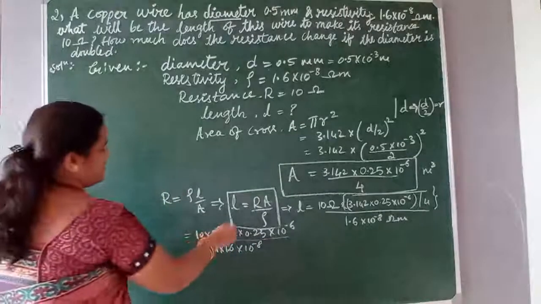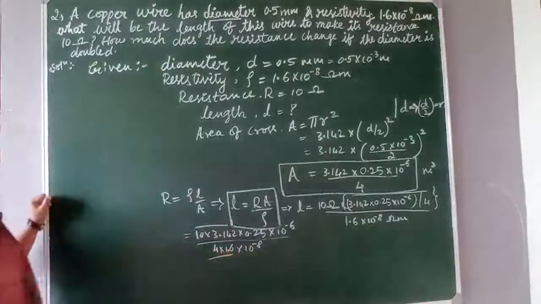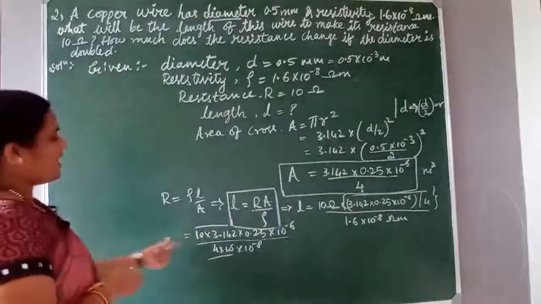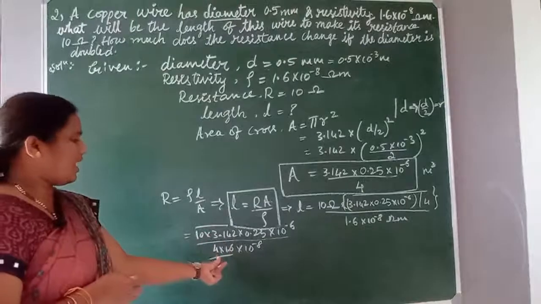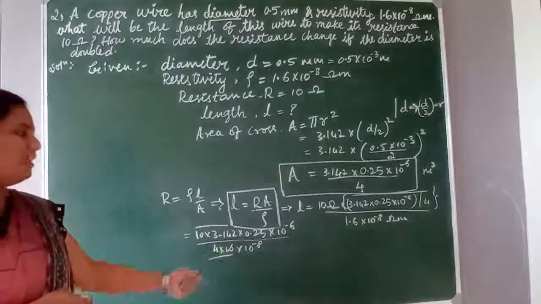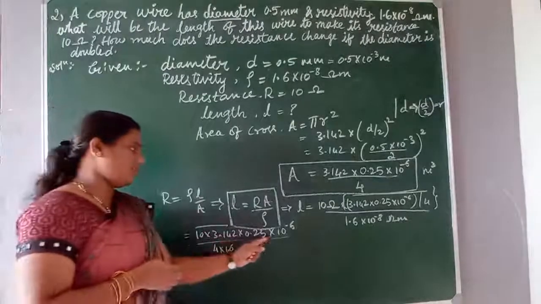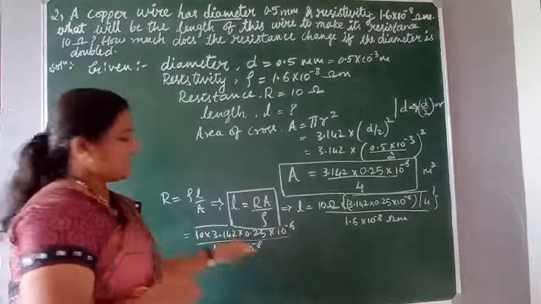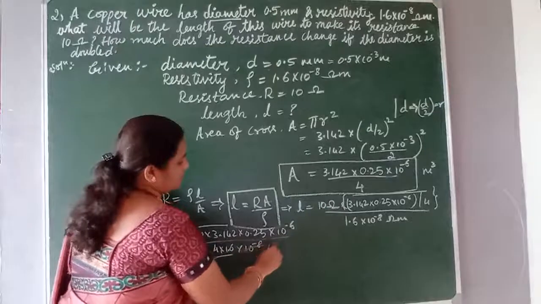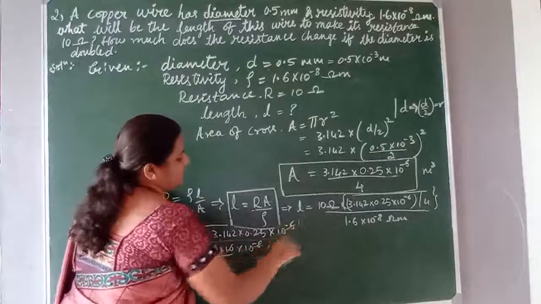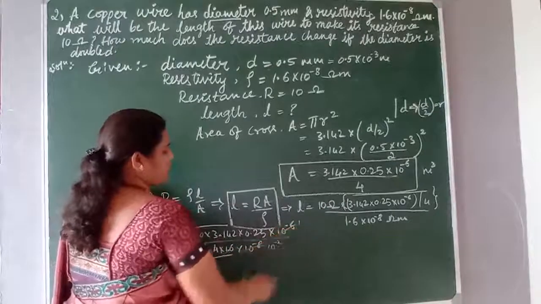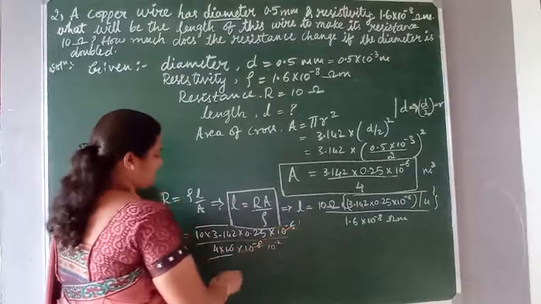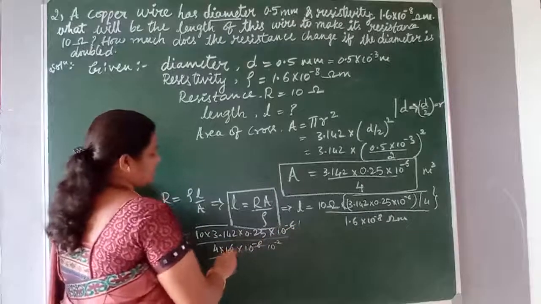Now first you do multiplication of this and this, isn't it, children? What you will get? 31.42 divided by what? 6.4 into 0.25 into 10 to the power of minus 6 and 10 to the power of minus 8. And here 10 to the power of minus 2 will remain, and if it goes to the numerator, it will become 100, and here you will get 6.4.